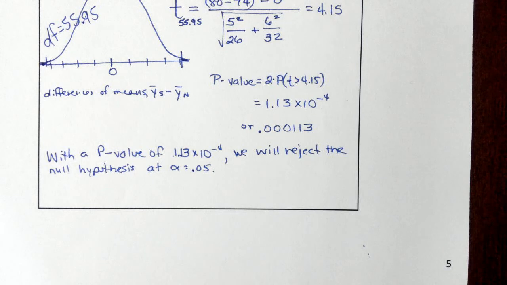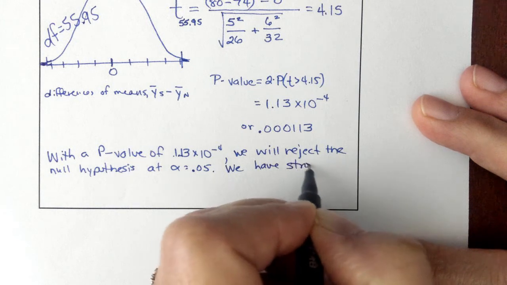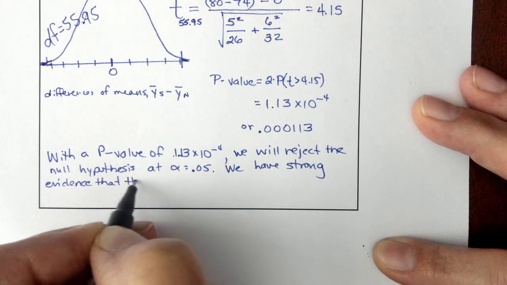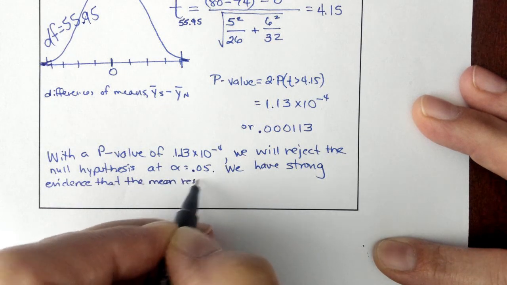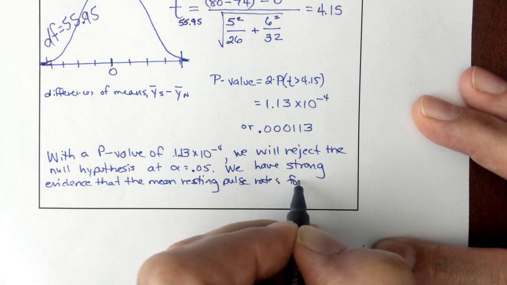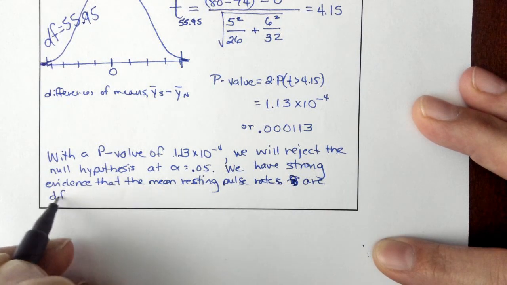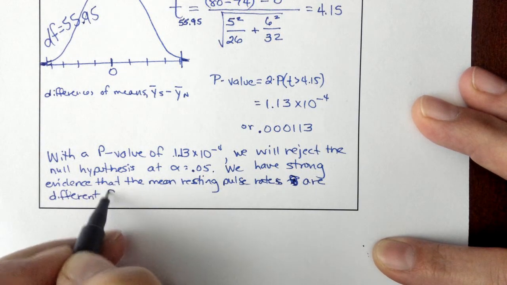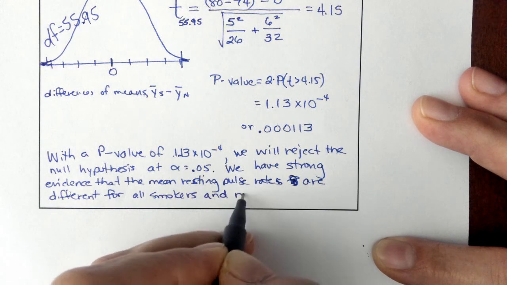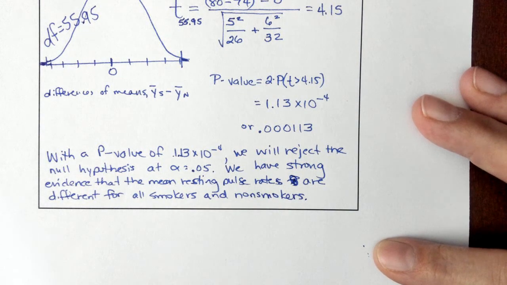So this statement tells that we have strong evidence that the mean resting pulse rates are different for all smokers and non-smokers. Remember, it's a conclusion about the populations.